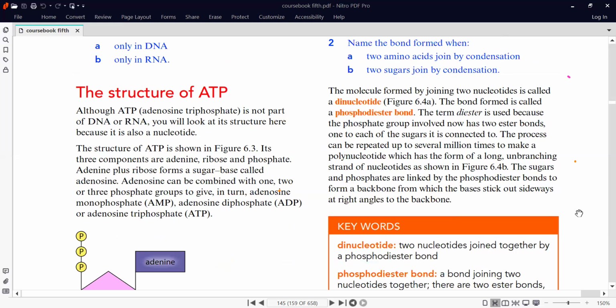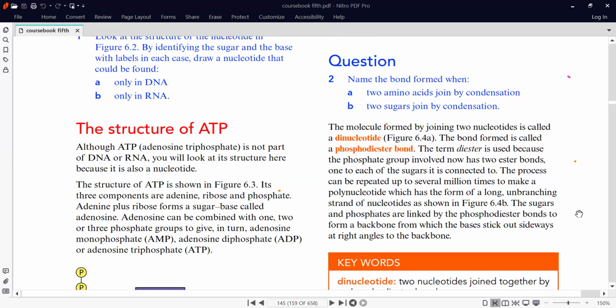Then we talk about the two nucleotides. Dinucleotide means when two nucleotides combine together, we call them a dinucleotide, like we were calling dipeptide, disaccharide. So di means two. They contain two nucleotides joined together. And the bond which is made between them is not a peptide bond. It is a phosphodiester bond.